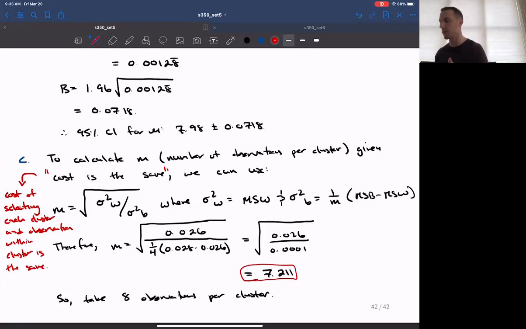So cost of selecting each cluster and observation within the cluster is the same.